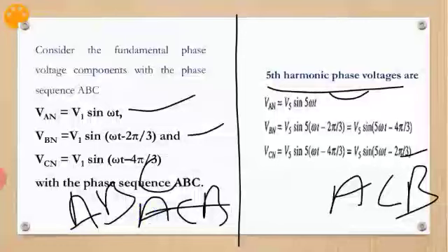For star, we use the same equation 6.24; for delta, we multiply by √3 to get the IRMS value. This equation gives the RMS motor phase current.